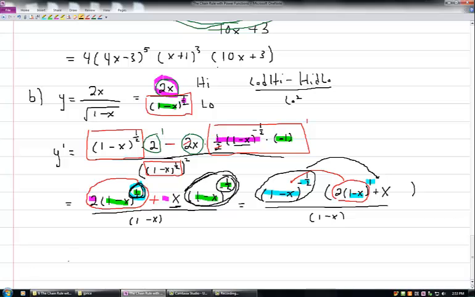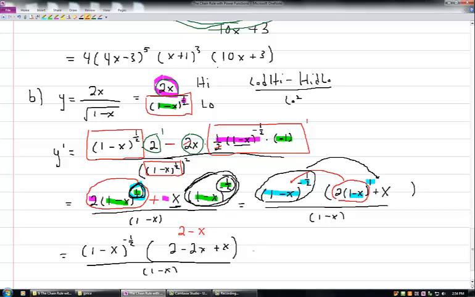Let's clean it up right down here so you can kind of see I have 1 minus x to the minus 1/2 all times, and I can multiply through that by that 2, so I have 2 minus 2x plus an x, and this is all divided by 1 minus x. And you can see on top, you're going to get some cancellation. You're going to have 2 minus negative 2x plus an x is minus x.